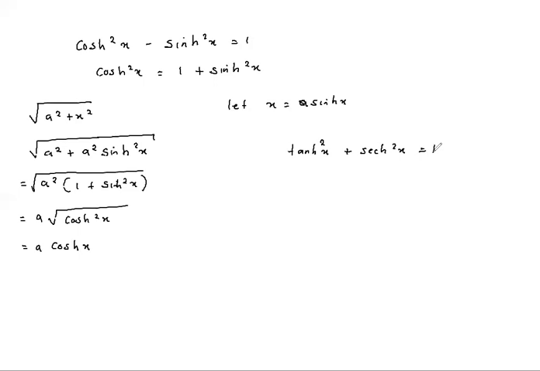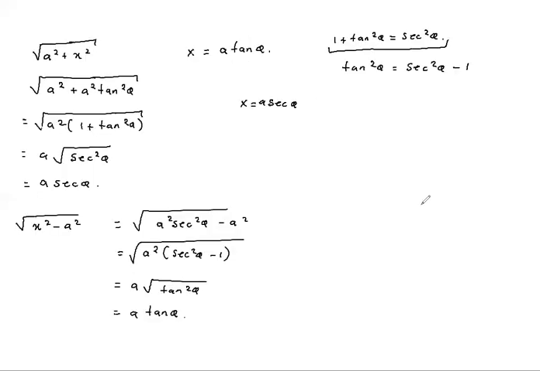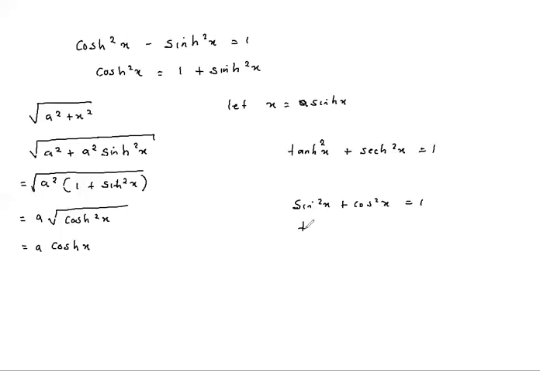In trig, we have sine squared x plus cos squared x is equal to 1. We also have 1 plus tan squared x is equal to sec squared x, meaning that sec squared x minus tan squared x is equal to 1.